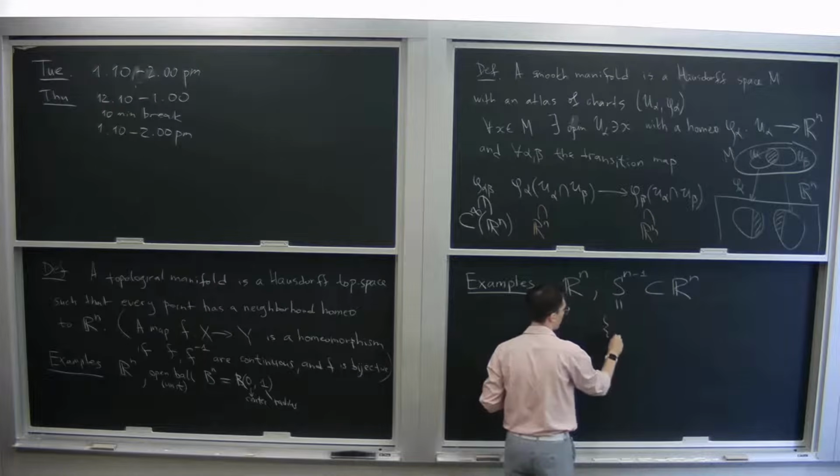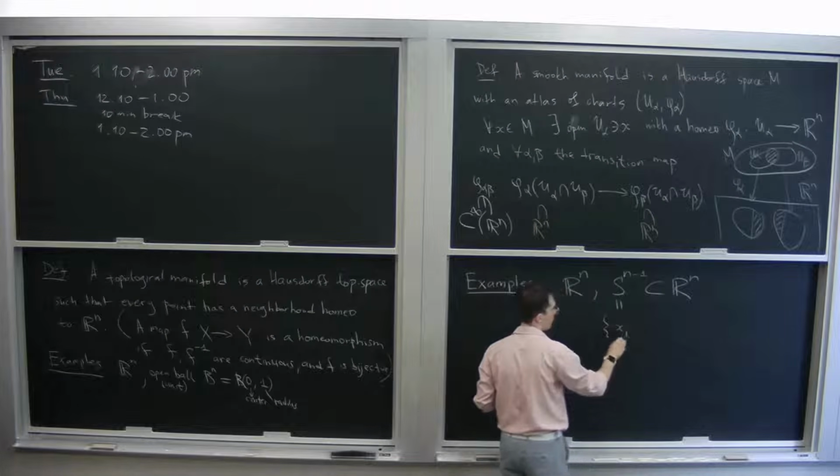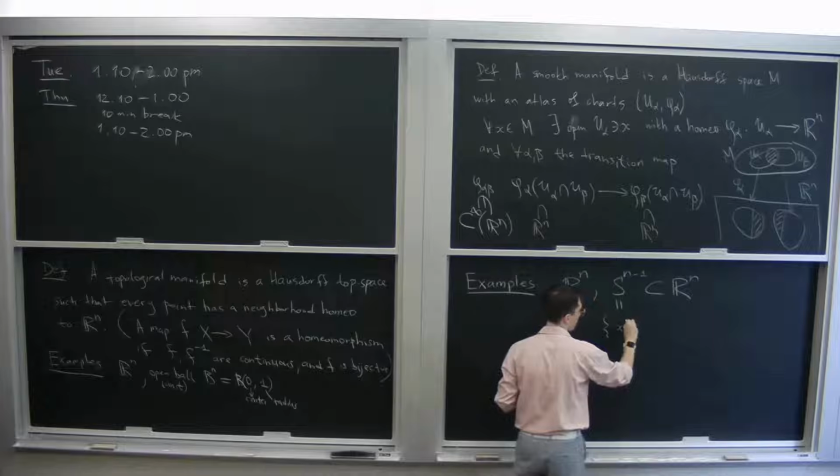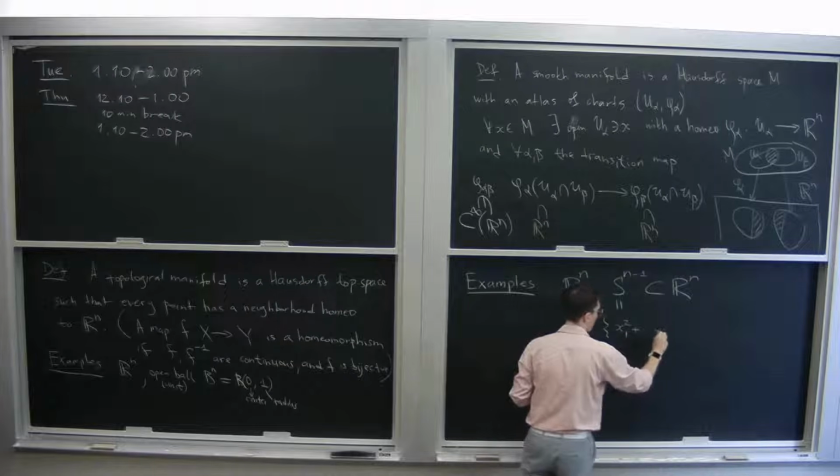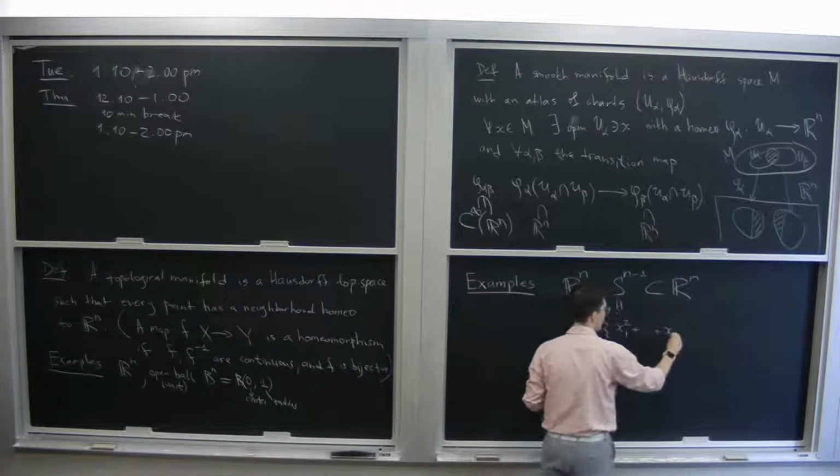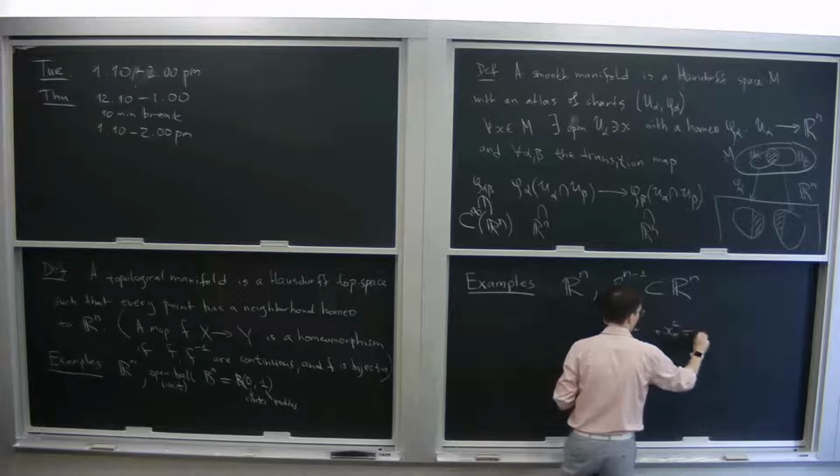It is determined by the coordinates x1 and so on up to xn, such that x1 squared plus and so on plus xn squared is equal to 1, right?